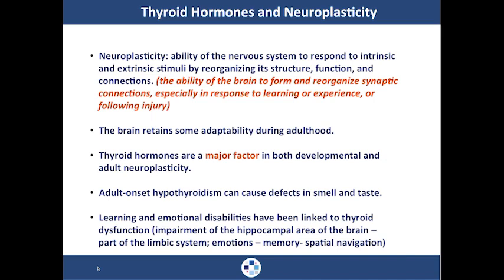So individuals that come in with hypothyroidism have the potential to have emotional problems, memory problems, even problems with spatial navigation. So please be aware of that as well. The thyroid hormones help with neuroplasticity, or reorganizing connections. We all have the ability to learn and make new connections in the brain.